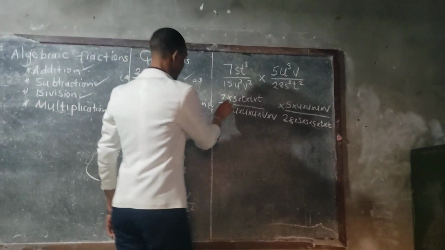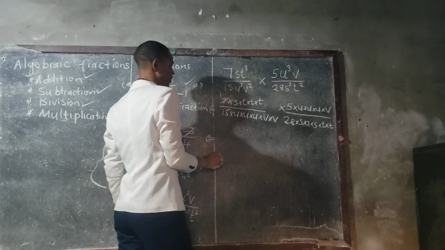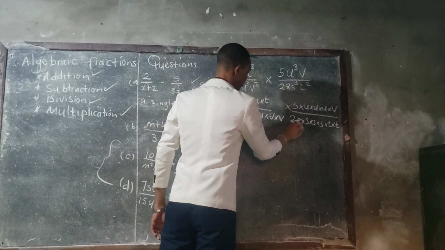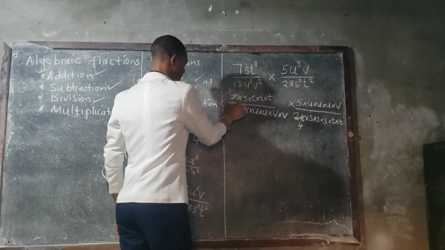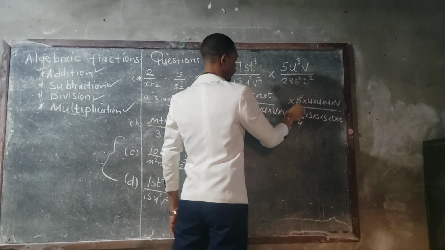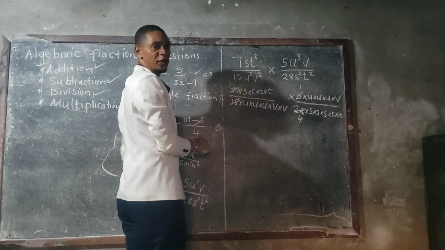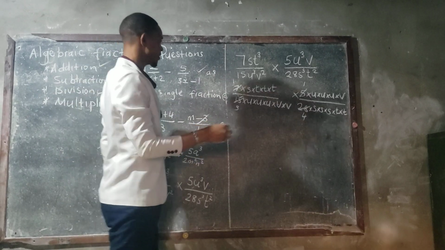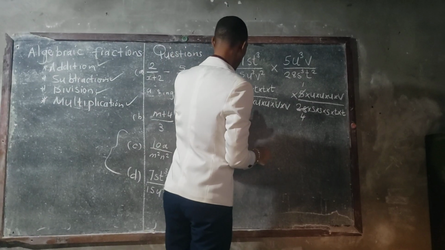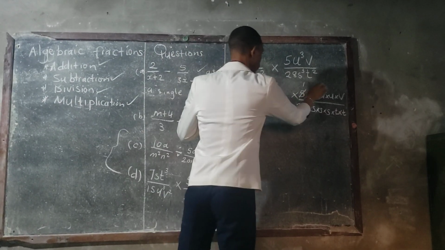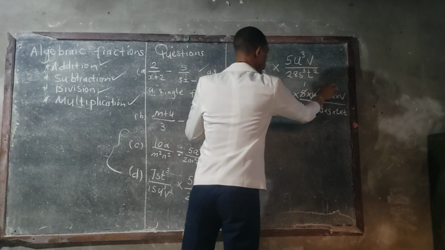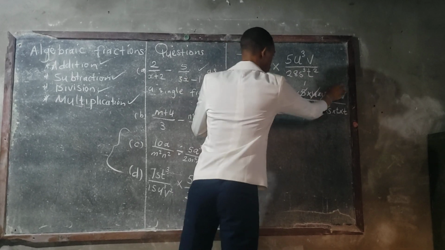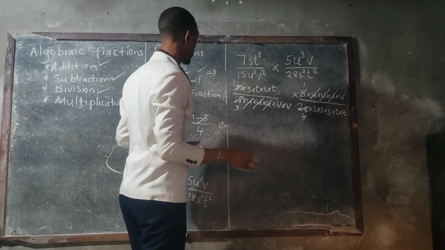So I'll say 7 into 7 goes one time, 7 into 28 goes 4 times, then 5 into 5 goes one time, 5 into 15 goes 3 times. That is cross division. Then next I begin now to check how many letters I have. I've got u to u, u to u, u to u. I've cancelled those ones, 1, 1, 1, 1.